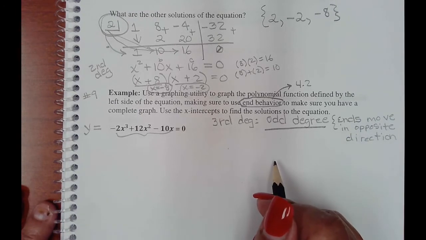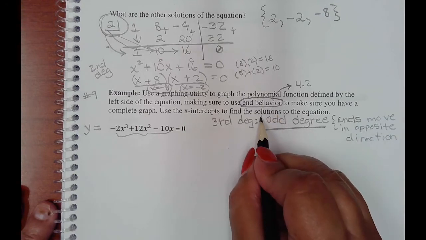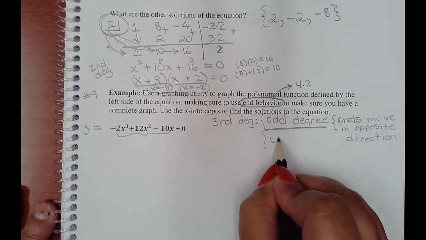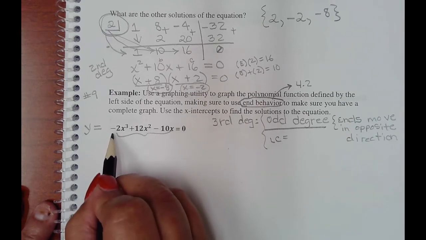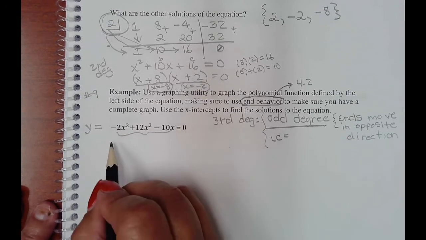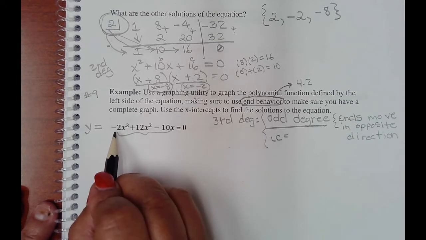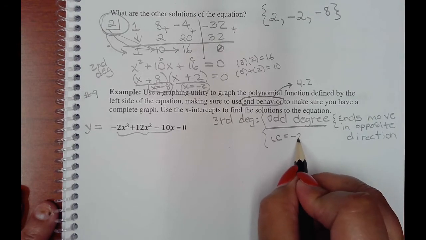You then also look at the leading coefficient. The leading coefficient in this particular problem is just the coefficient in front of the variable with the highest degree. This is the highest degree, and there is its leading coefficient. It's equal to -2.